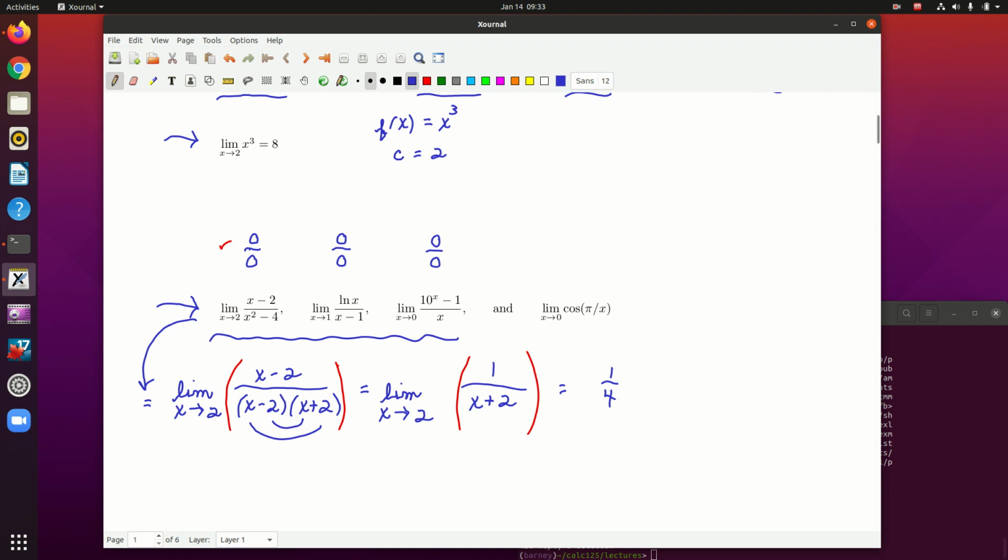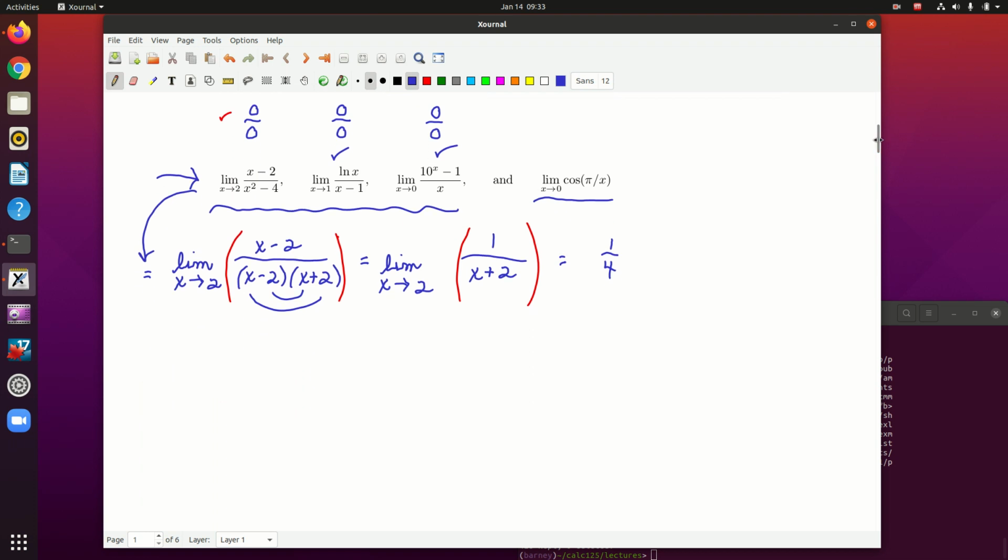These other ones, this one and this one, we're going to have to wait until we learn some more stuff before we can do. I want to take some time to talk about this function. Again, let me go back. You're supposed to know or have seen some trig functions, so the graph of cosine is the one that looks like this, and then it goes on forever.